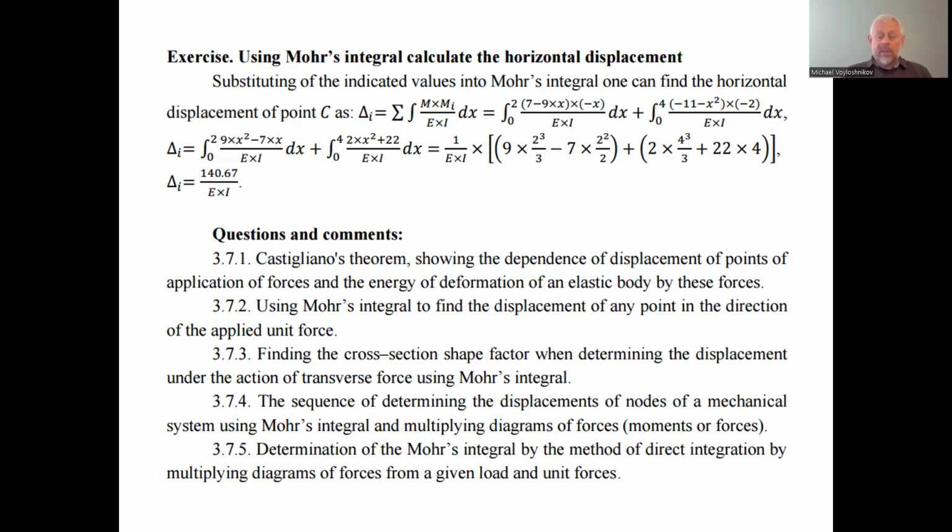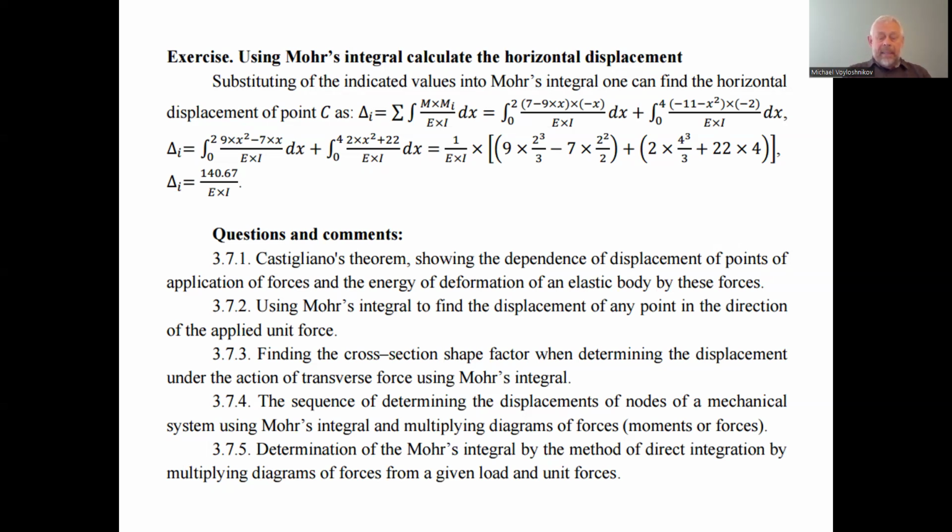Finding this shape factor, it is a fraction, and the numerator is the square area of the mechanical system section element. And the denominator is the geometric moment of inertia of the transverse section. And next, this fraction is multiplied by an integral.